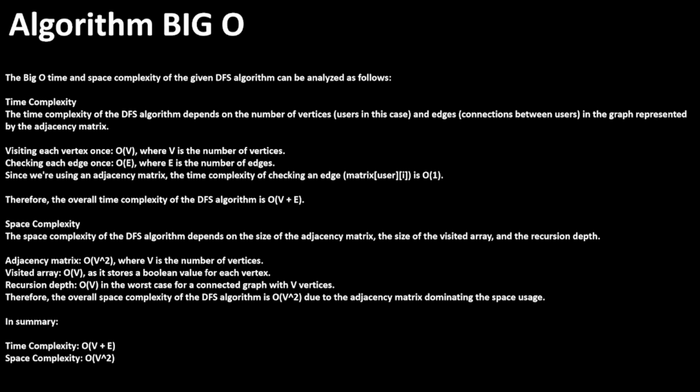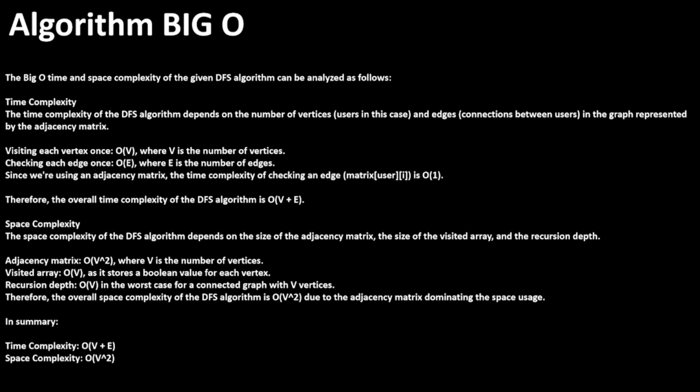Now the space complexity: how much memory is occupied by this algorithm depends on the size of the adjacency matrix, the size of the visited array, and the recursion depth, as I mentioned earlier. The adjacency matrix is O(V squared), where V is the number of vertices, and the visited array stores a Boolean value for each vertex, which I filled in the program.